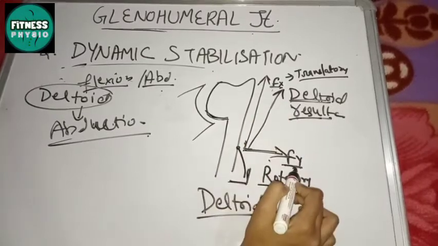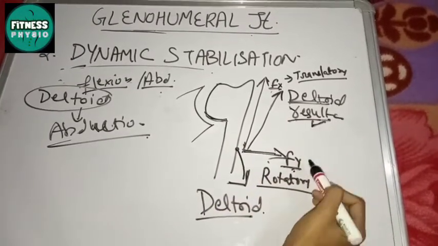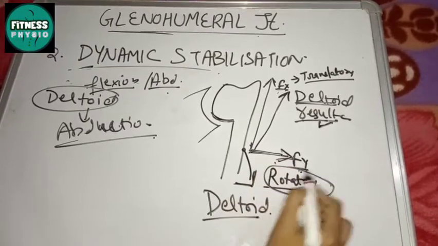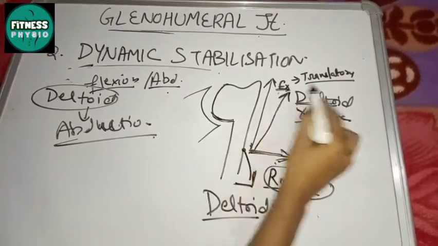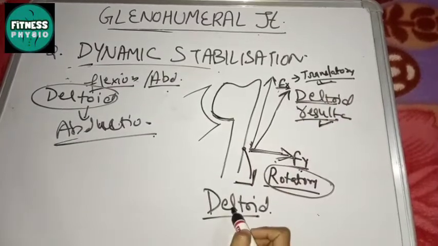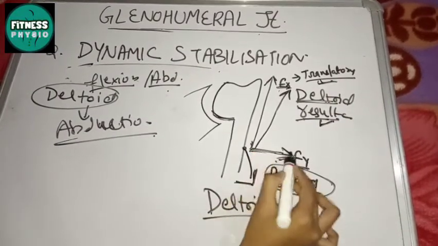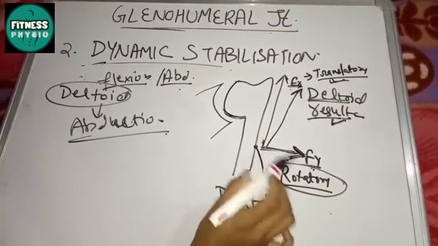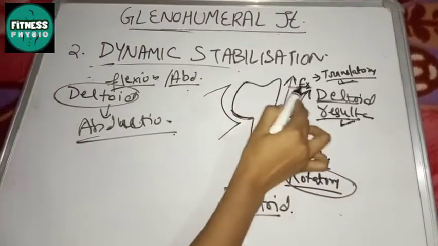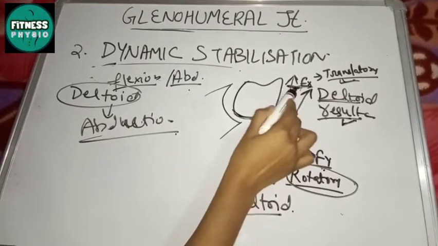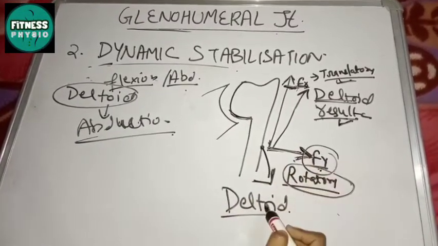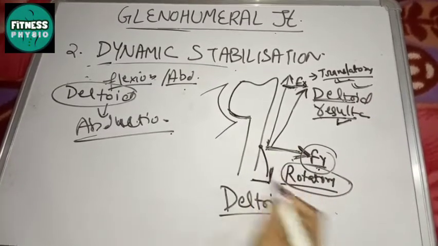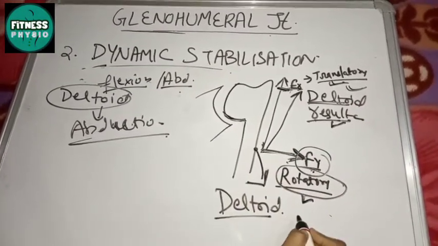If you see, fy is your rotatory component and fx is your translatory component. Which component is larger? fx is very much larger than the fy component. It means the translatory component is greater than the rotatory component.